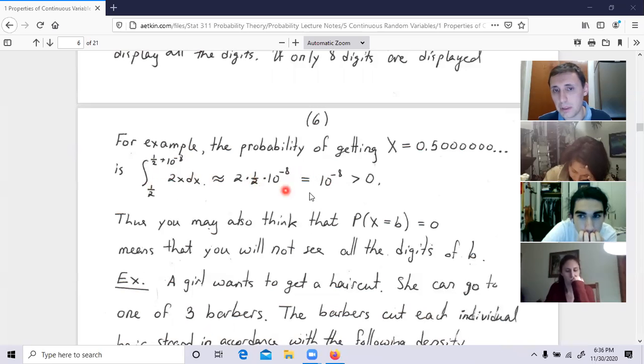So this probability is approximately 10 to the minus 8. You understand? I did not carry the integration. I just said if the integral is very thin, then I might as well imagine I'm integrating a rectangle. The altitude is not changing. So it's a rectangle at 1/2, the height of that rectangle is 2 times 1/2, and the width is 10 to the minus 8. Good.